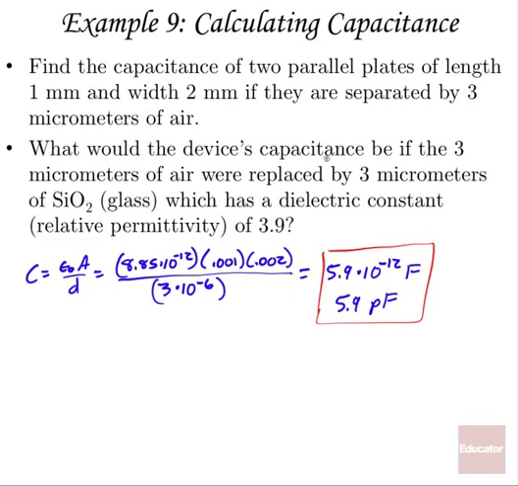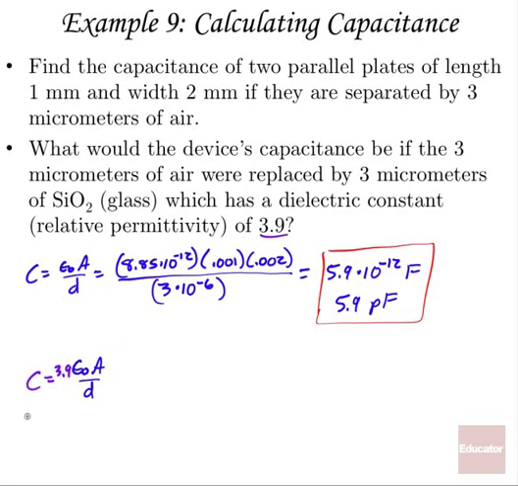Now, what would the device's capacitance be if we replaced that air with glass, which has a dielectric constant of 3.9? Well, the only thing we have to do there is, if before C was epsilon naught A over D, because we're no longer using air or vacuum, because we've got a dielectric constant of 3.9, 3.9 epsilon naught becomes my permittivity.